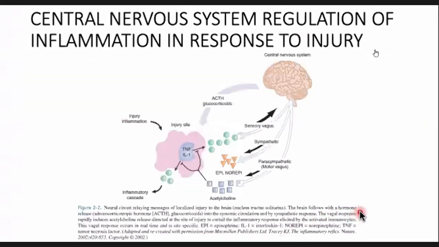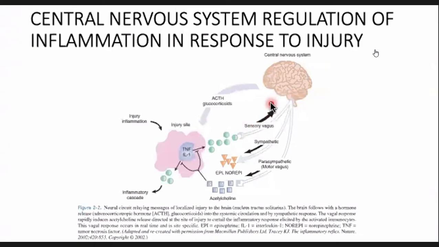Next is the CNS regulation of inflammation in response to injury. So the CNS also has a role during injury. There is a feedback mechanism. When the body detects a cellular injury or cellular insult, the nerve impulses will modulate cells in the brainstem, specifically at the dorsal motor nucleus of the vagus, from which your efferent parasympathetic impulses originate.